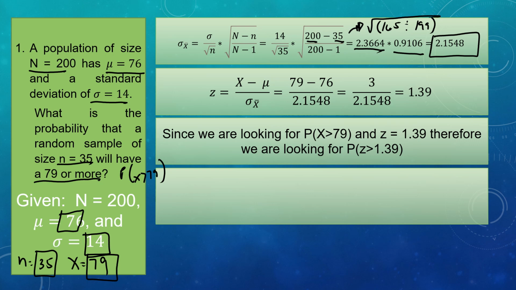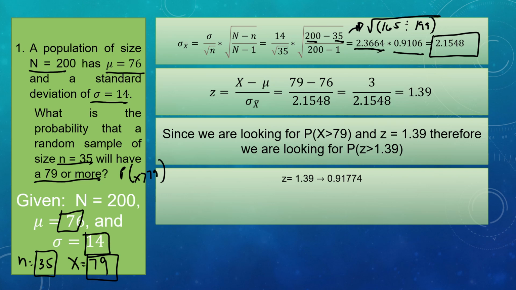The first thing we will do in the fourth step is find the area that corresponds to z equals 1.39. The area that corresponds to z equals 1.39 is 0.91774.